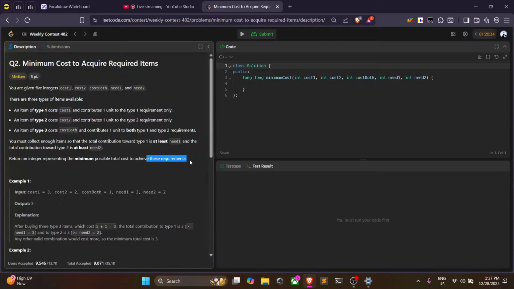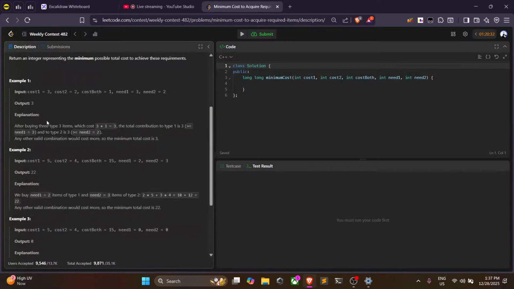So you must collect enough items so that the total contribution towards type 1 is at least need1, and the total contribution for type 2 is at least need2. Return the minimum possible total cost to achieve this. Okay. So basically I can have this much cost to have one of this, and this much cost to have both of these. So it's like a combination of two.